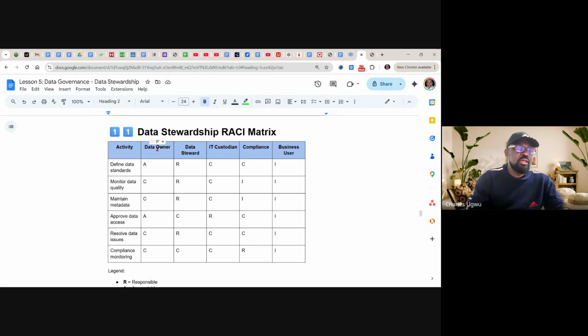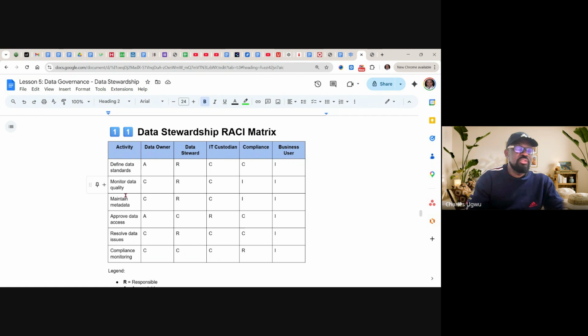You see here, these are the activities: define data standard, monitor data quality, maintain metadata, approve data access, resolve data issue, compliance monitoring.